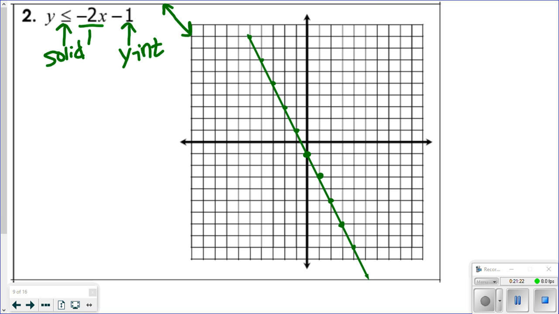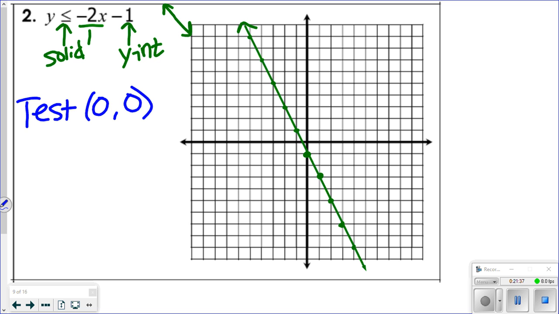And then we're going to take that 0, 0, and we're going to plug it in to test where we need to shade. So 0 is replacing x and y.